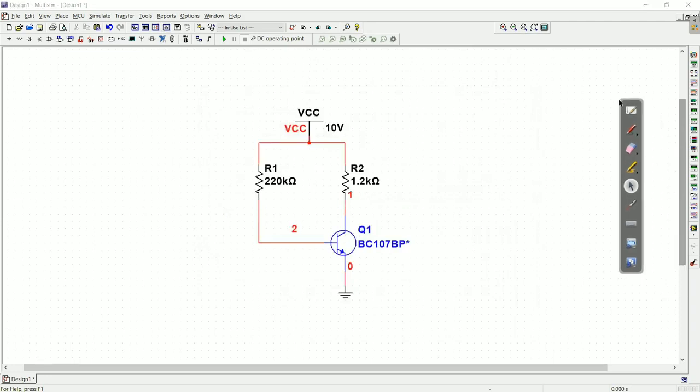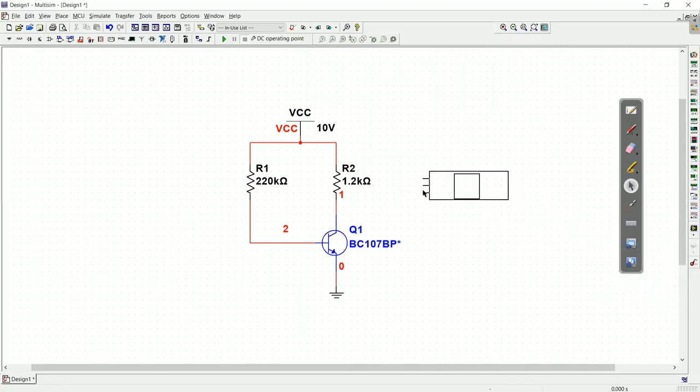Now let's add another thing, a BJT analyzer or IC analyzer. I am using the BJT analyzer. We can get it in the right corner. It has C, E, B, that is collector, emitter and base.